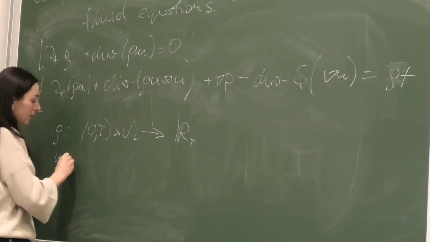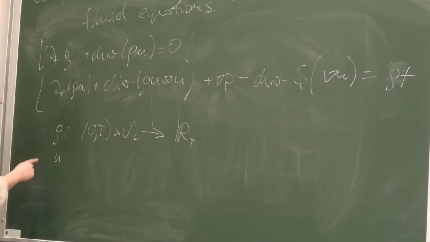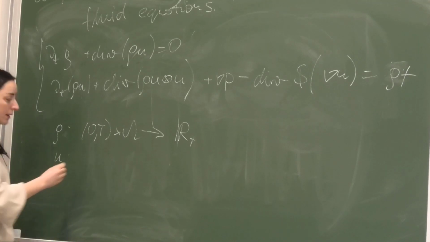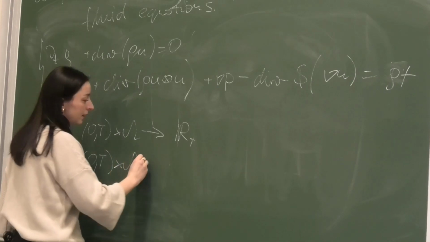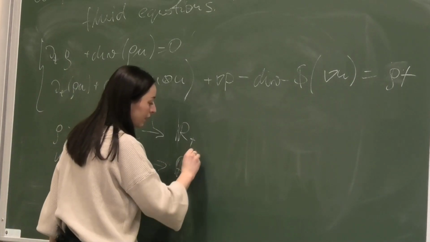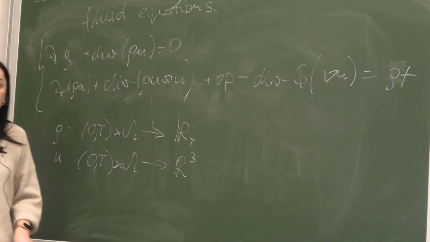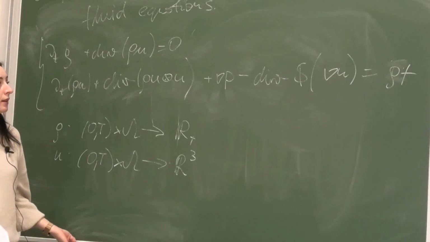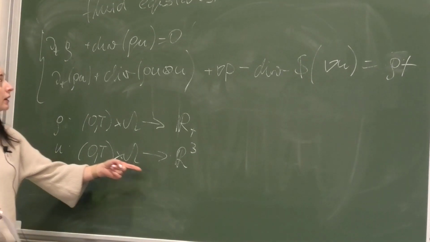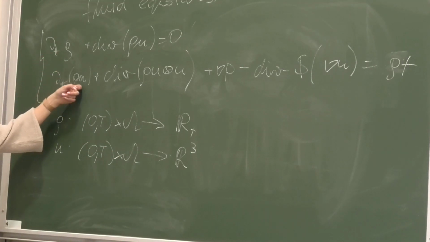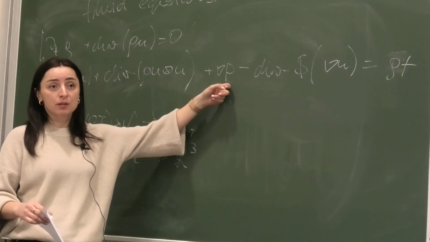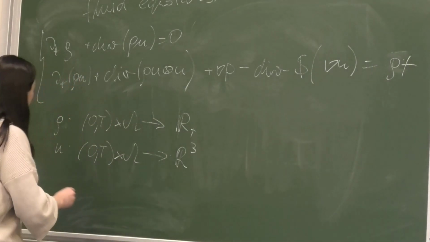And the other unknown, on the blackboard it's difficult to distinguish scalars from vectors, but this is a vector, again, on some domain to R3. Okay, so we will be in the physical space. u is a three-dimensional vector. We look at this equation, and we see that there are 1, 2, 3, 4 unknowns here. And there is a fifth one, with P, which is called the pressure. P is the pressure.